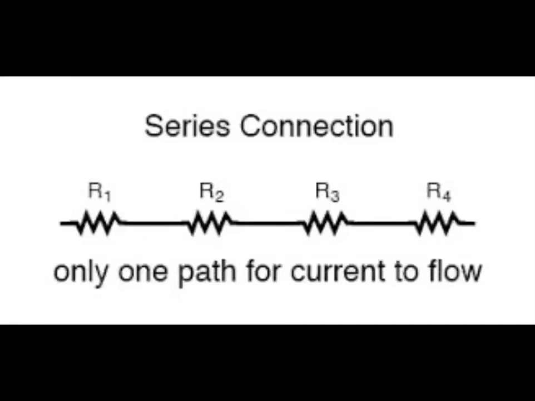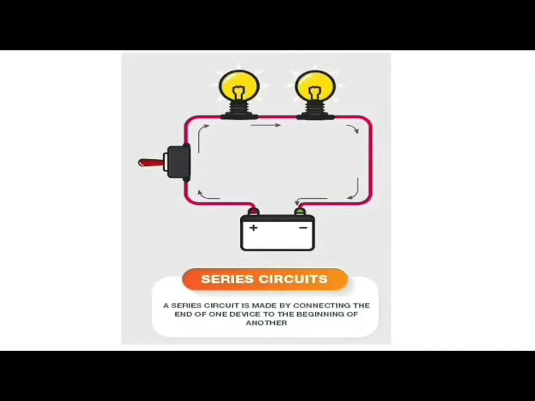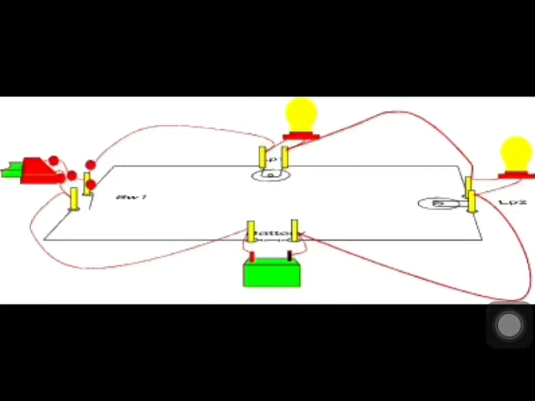Series circuit. A series connection is a circuit in which resistors or loads are connected end-to-end so that the circuit will have only one path through which electric current flows. In series connections, the same current flows across all the branches of the circuit, but with different voltage, thus making the resistors have different voltages across them.